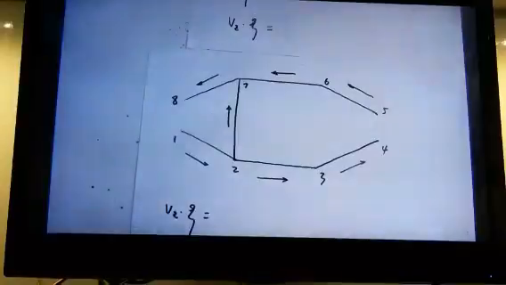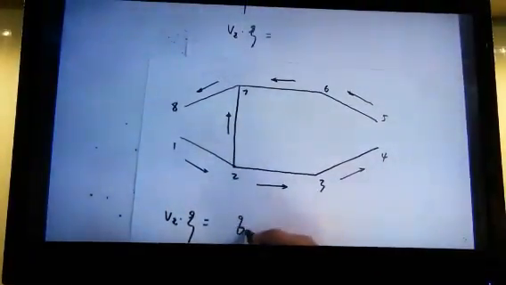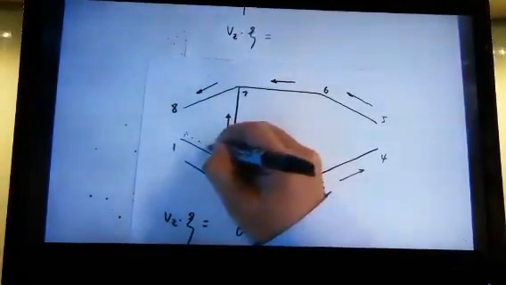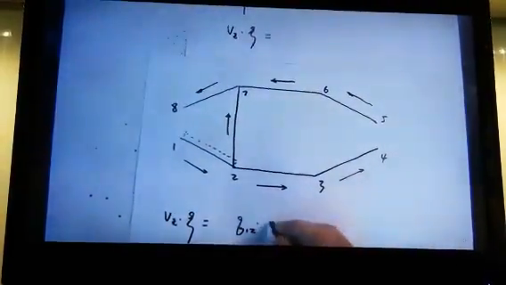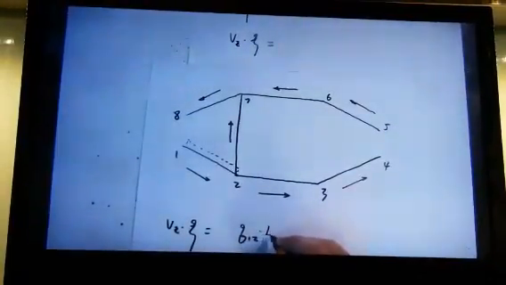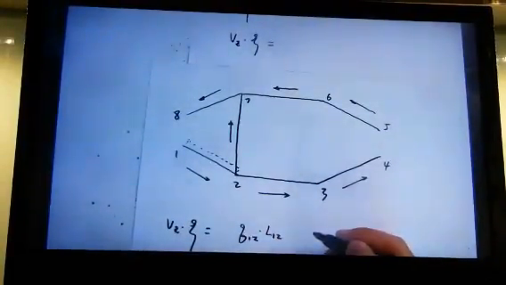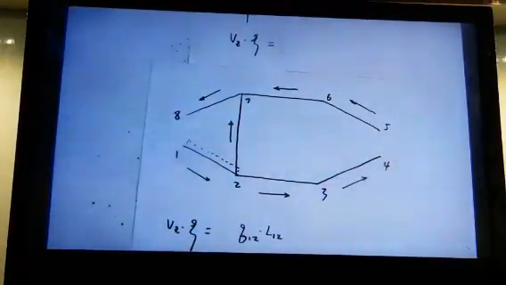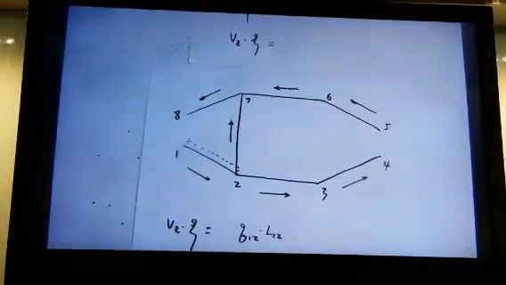So suppose this is Q12 times the length. I will simplify this first. Length L12. This is the force, right? Shear flow times the length, you get force.